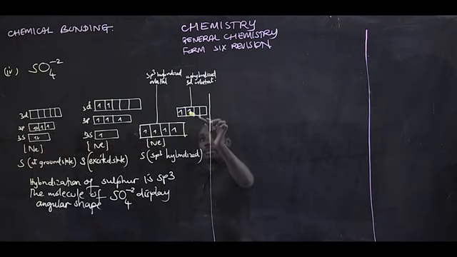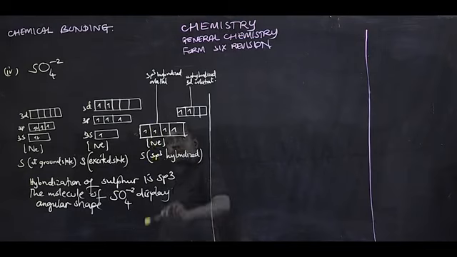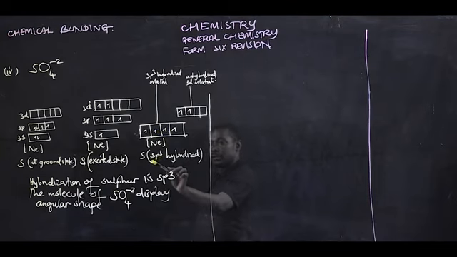So only 4 electrons of sulfur are hybridized. So the hybridization of sulfur is 1 electron in the s orbital and 3 electrons in the p orbital. So the hybridization of sulfur is sp3.